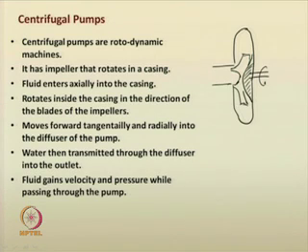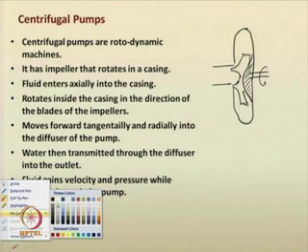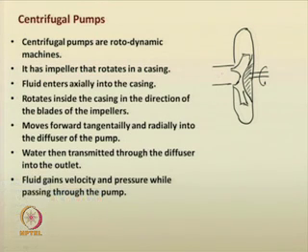I will show another sketch of how the actual impeller and its blades look. So, this is the inlet portion, water will come inside in this particular direction, then it will hit the impeller blade.